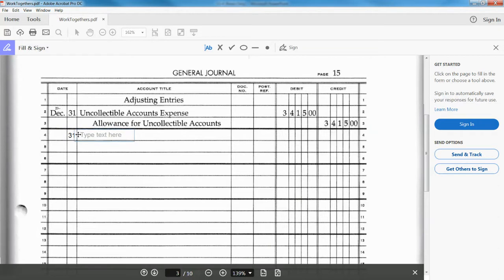And we are going to debit supplies expense office. And we are going to credit supplies office.